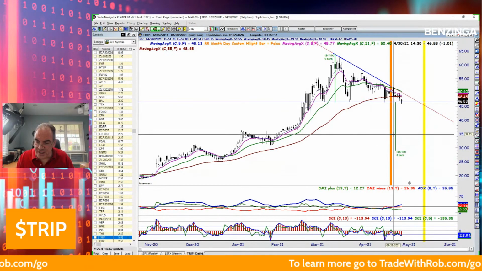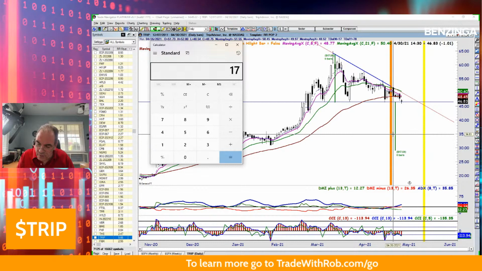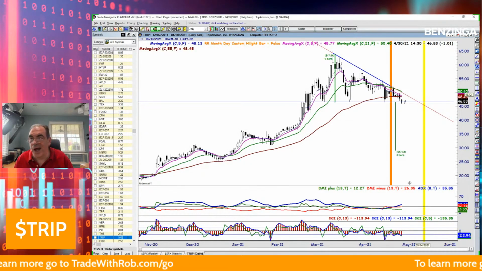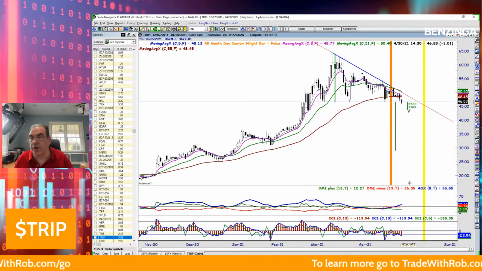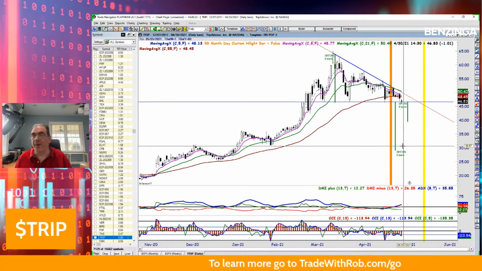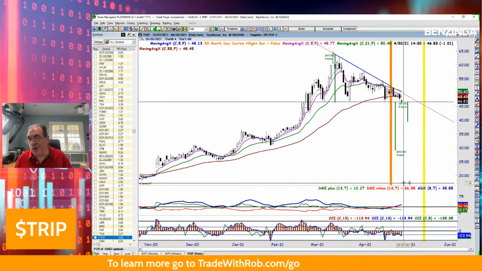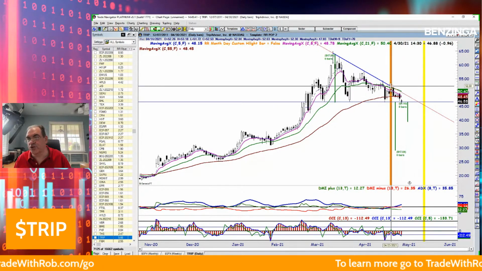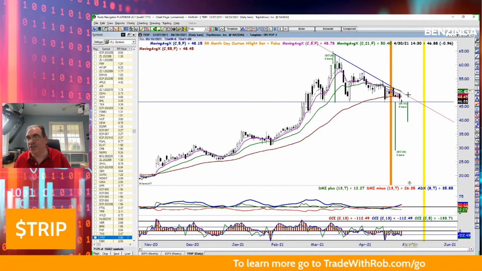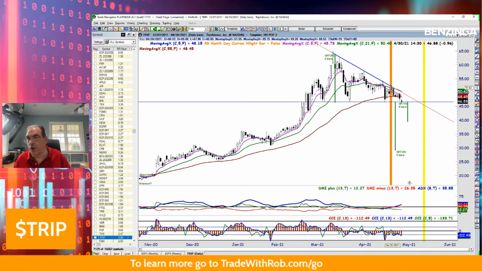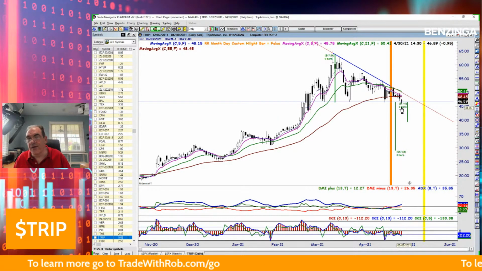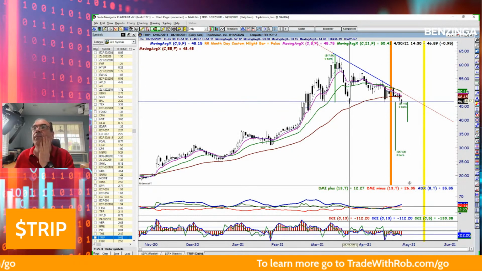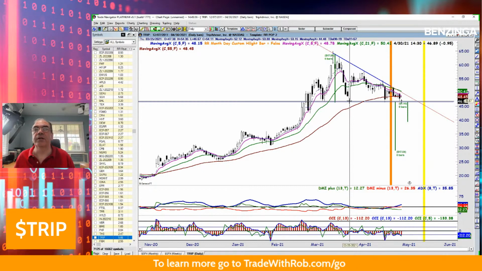What do we have here? $17.54. So I think if I'm right, and it does break, we drop about $7. Right to about there. But you've got earnings. That could change everything. But if earnings weren't there, I would not touch this as a directional trade until it either A, breaks above the recent swing high, the lower high, or breaks this lower level, and look for that next move down is what I'd be focused on.